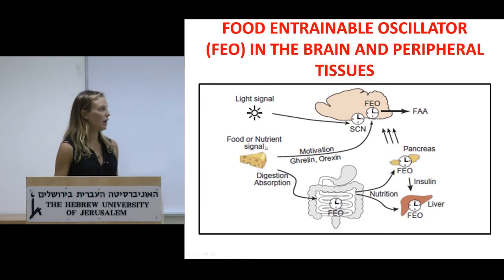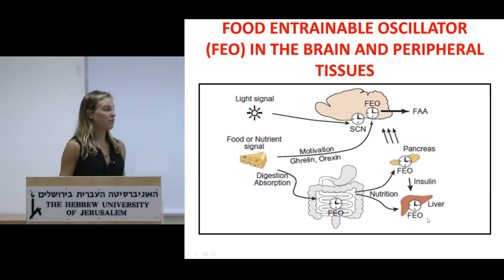As you can see, we have food here, which will drive the activity of the intestine, the clock of the intestine via digestion and absorption, and also the liver, which is involved in metabolism, and the pancreas. So this will signal to the hypothalamus besides the suprachiasmatic nuclei and will drive the food anticipatory activity.